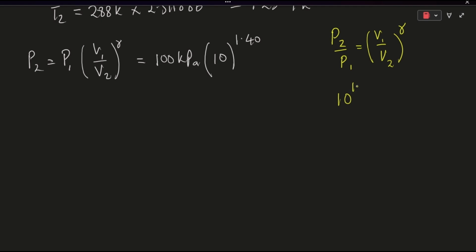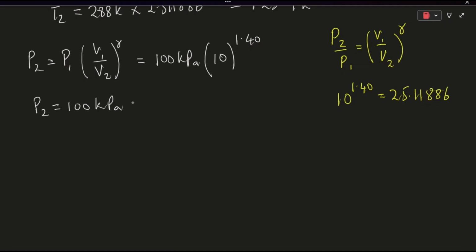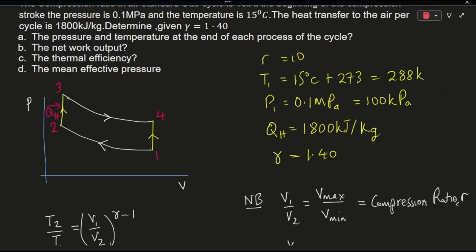Now, 10 exponent 1.40 gives us, and if we plug it in, P2 is approximately 2511.9 kilopascal. So now let's determine the pressure and temperature at point 3.